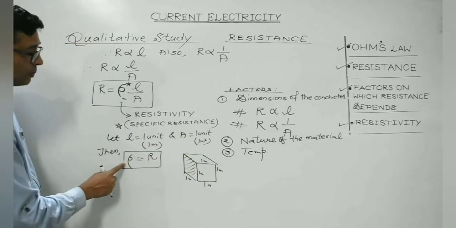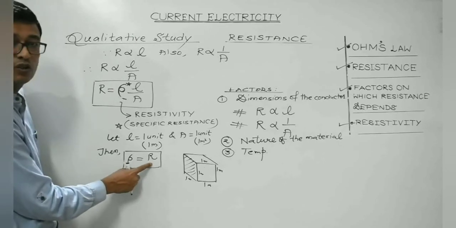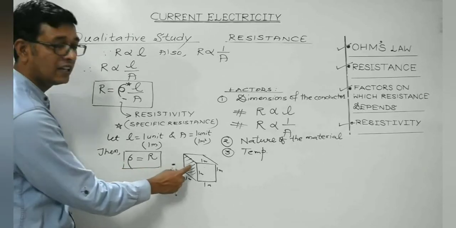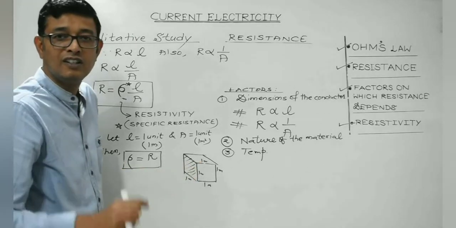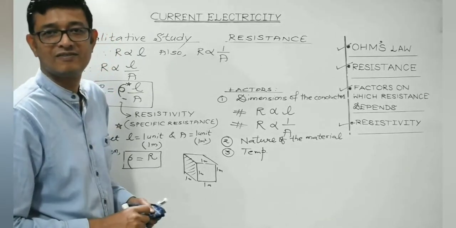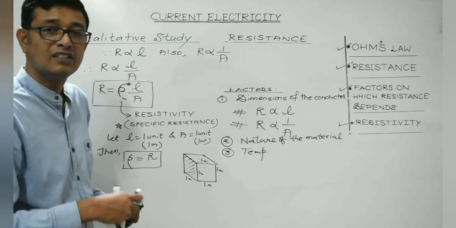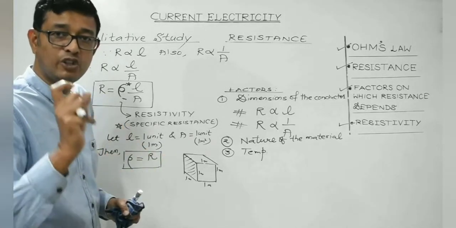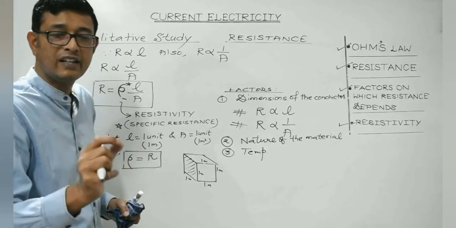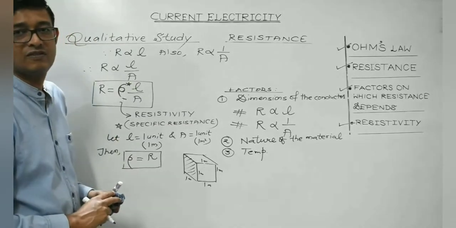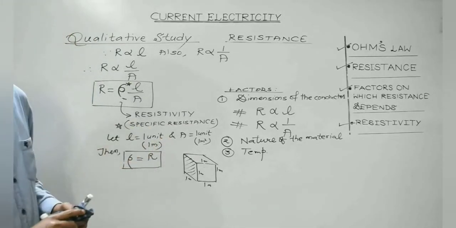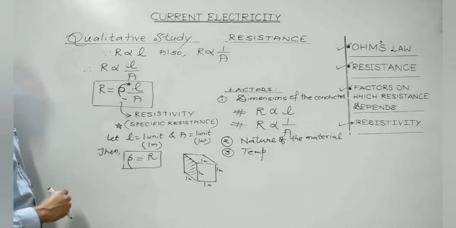So resistivity or specific resistance is numerically equal to the resistance offered by a cube of unit dimension. Right? Resistivity may be defined as the resistance offered by a cube of unit dimension. So this is another alternative method. So let's discuss its SI unit now.